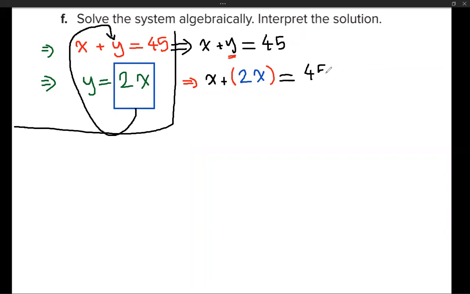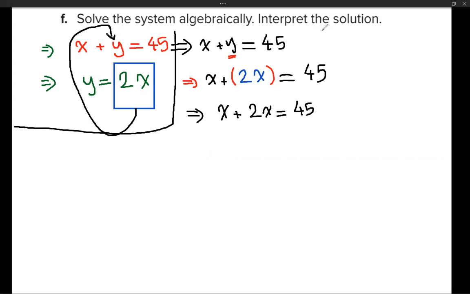45. Now we need to simplify this equation, solve it for x, and define the value for x. There's actually no need for the parentheses here, as nothing is multiplied. So x plus 2 times x equals 45.